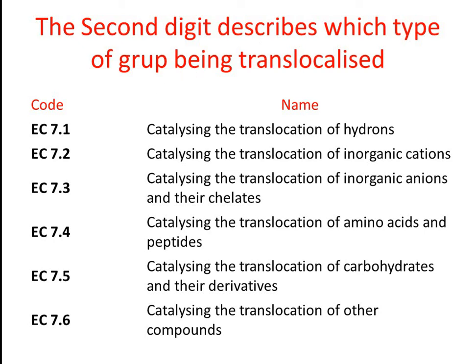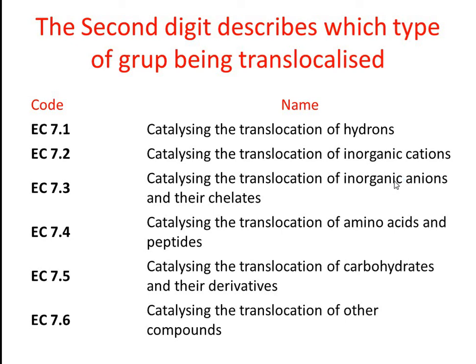For example, the second digit 1 indicates that these are the enzymes which catalyze the translocation of hydrons. The second digit 2 indicates the translocation of inorganic cations. The second digit 3 indicates the translocation of inorganic ions and their chelates.